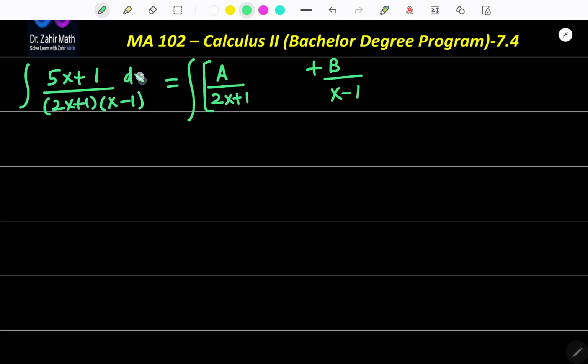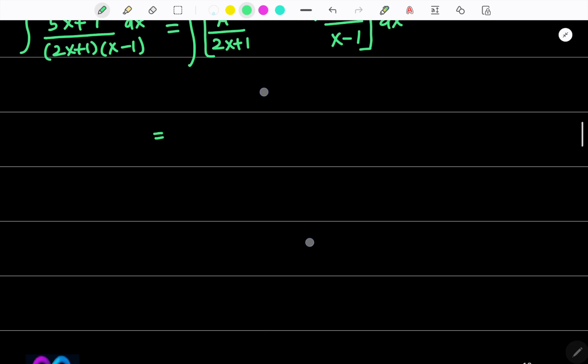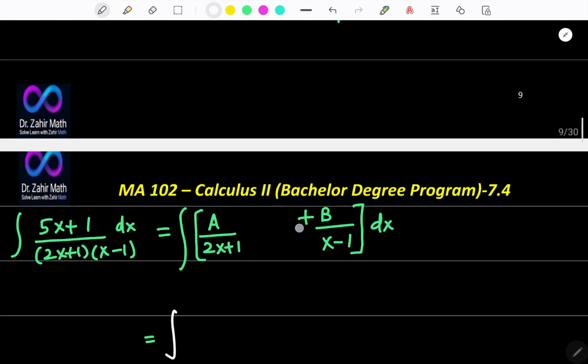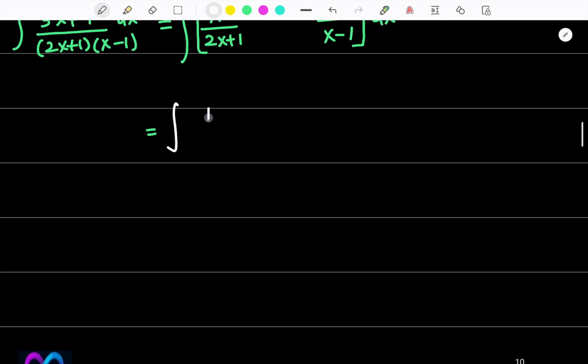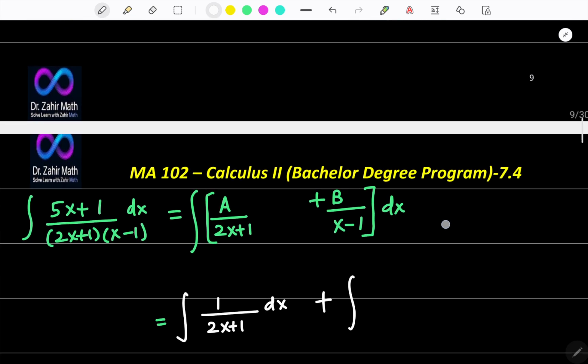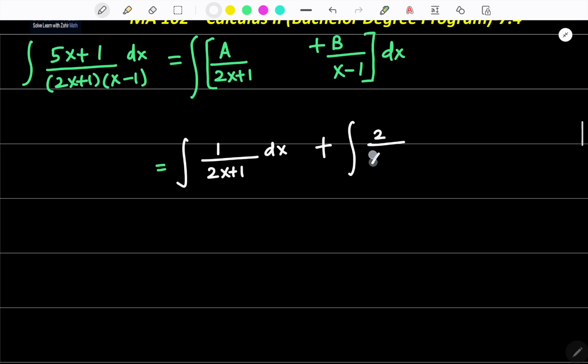Whenever integral is there, you have to put dx. Keep in your mind. Sometimes I forget. So this equals integral, a is 1, b is 2. So 1 divided by 2x plus 1 times dx, and then plus integral, b is equal to 2, so 2 divided by x minus 1 times dx.